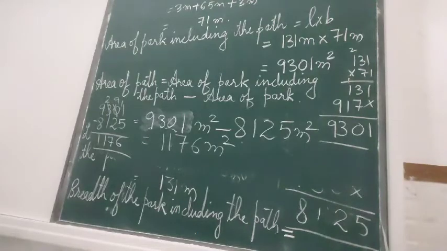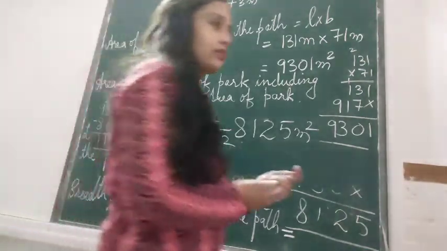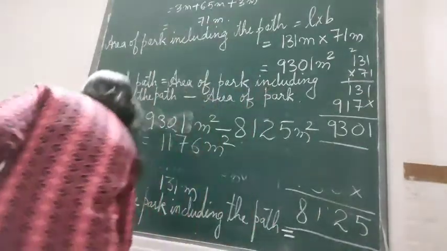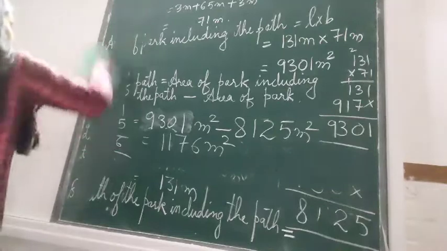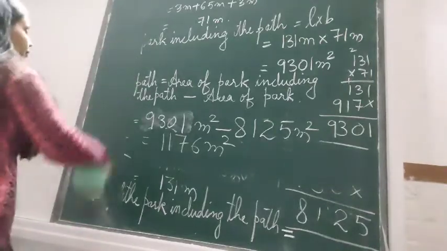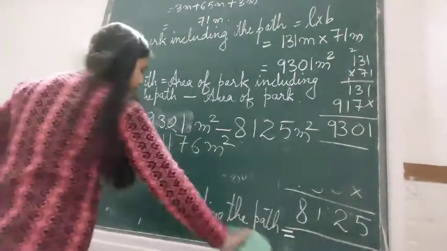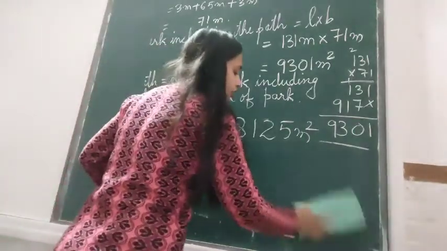Let's see now what is the third question. Let me erase the board. Very calculative type of questions are these, but they are very easy, children.